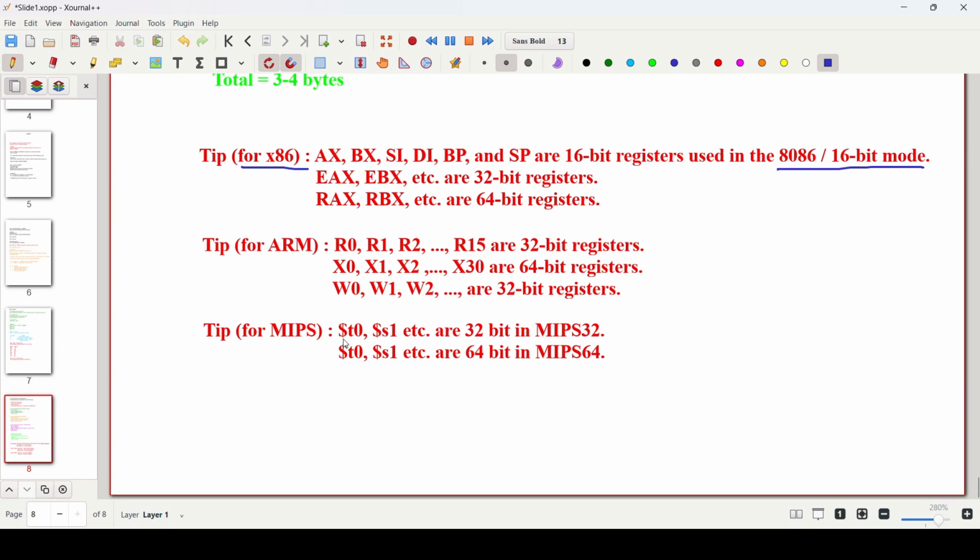And for MIPS, we use notation like $T0, $S1, etc. Like in MIPS 32, these are 32-bit registers, and in MIPS 64, these are 64-bit registers. So it might look similar from the notation, but they are different. The use depends on whether you are using MIPS 64 or 32, right?